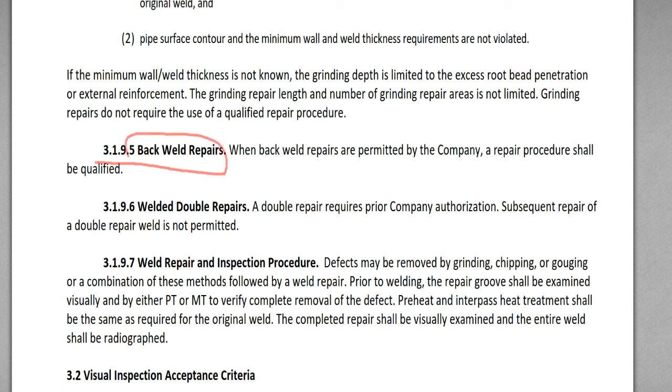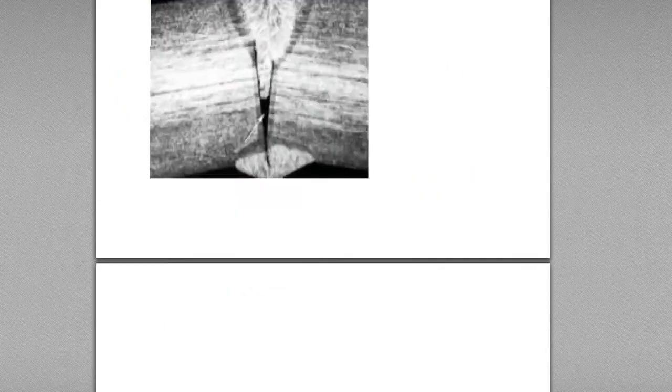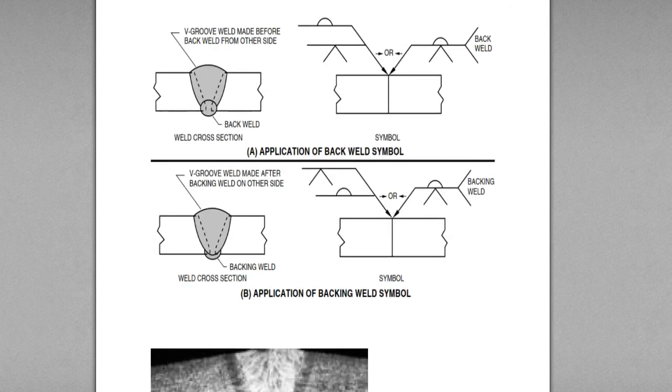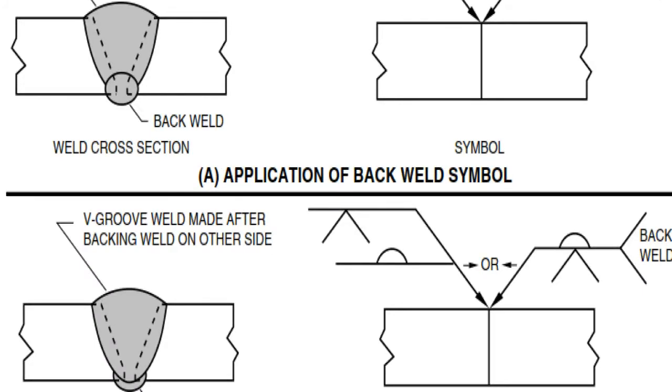3.1.9.5 Backward repairs. As I explained, a backward repair is a weld made later than this V groove weld, and if you have a crack or something here and repair it, this is a repair weld.